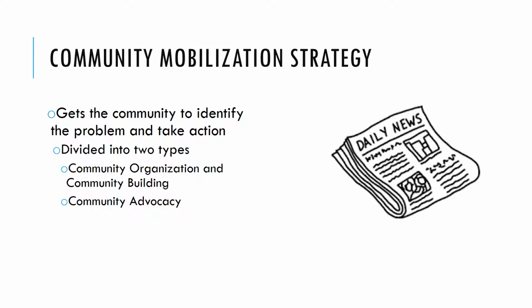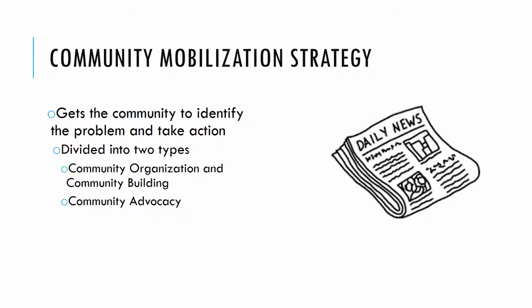Community organization is basically getting a group from the community that is willing to take action and come together to be in charge of the behavior change of their population. And community building is getting the community to work together to change behavior and work on the community assets.